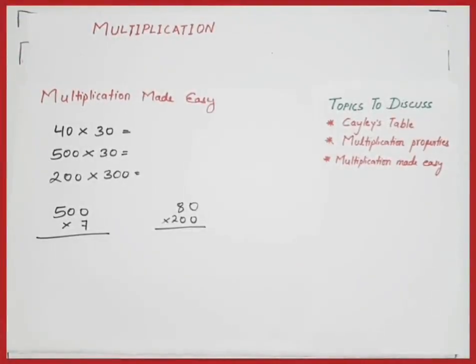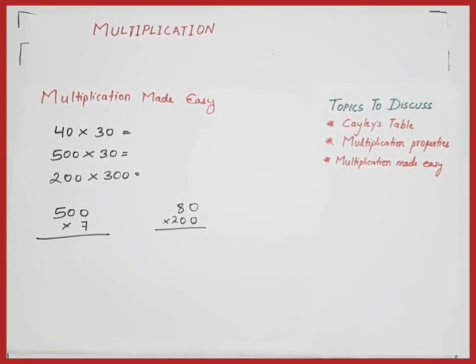Next topic, we move to multiplication made easy. Here we are making multiplication easier when we are having zeros, isn't it? Like 40 into 30, we have zeros here. So we can easily multiply. No need for such a long process. We have to see only the numbers we know.